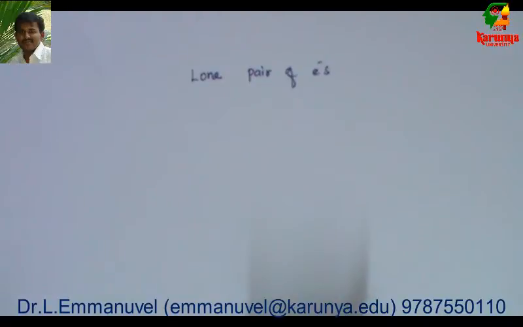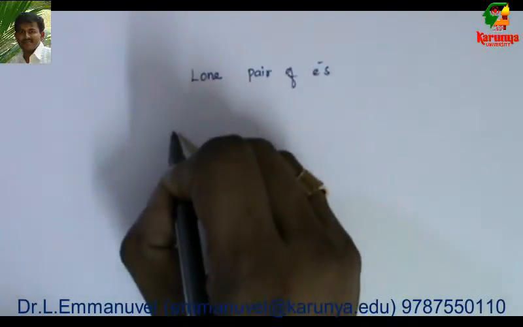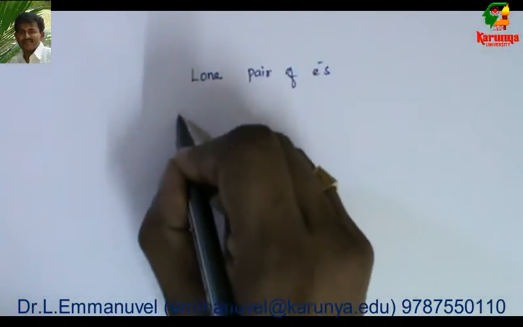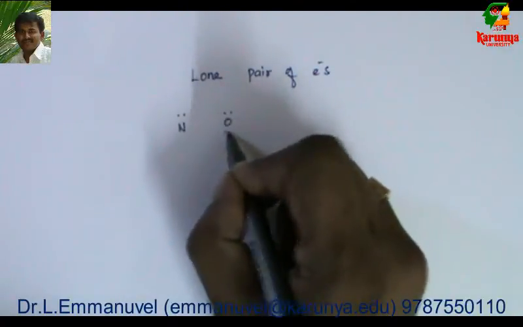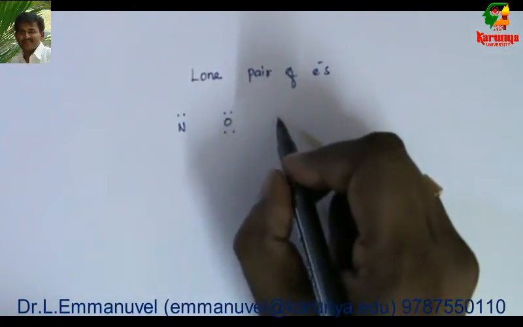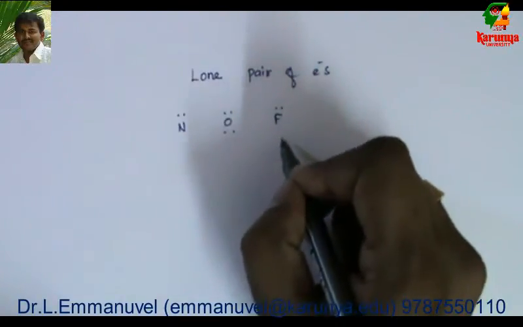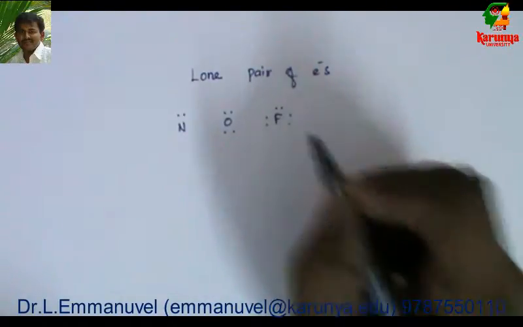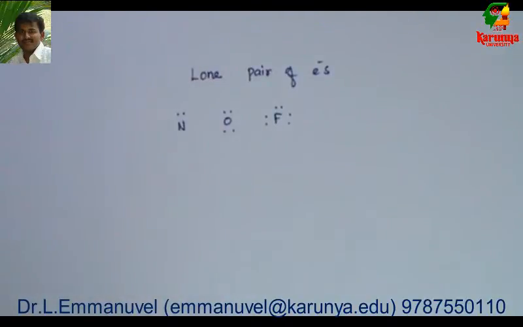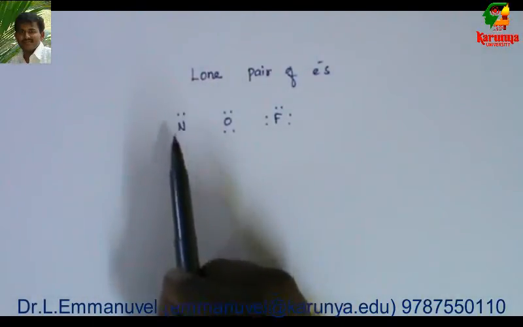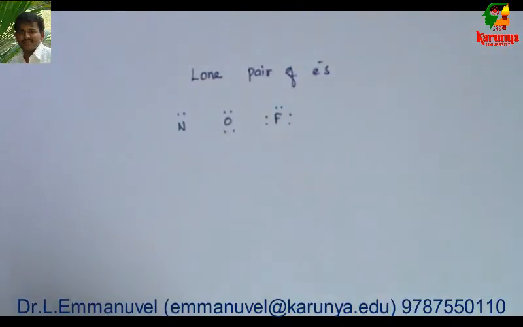What about the lone pairs of electrons? That is the second type of nucleophile. How does it affect? First, let us consider lone pair on nitrogen, oxygen and fluorine. Nitrogen has one lone pair of electrons, oxygen has two, fluorine has three lone pairs of electrons.